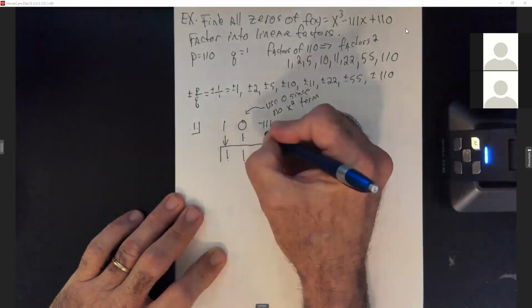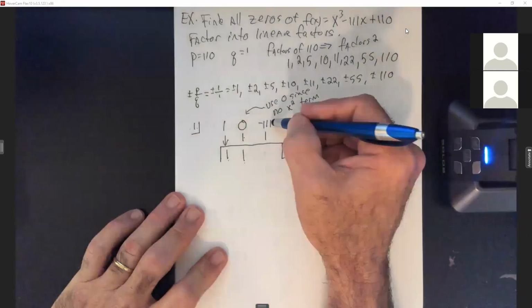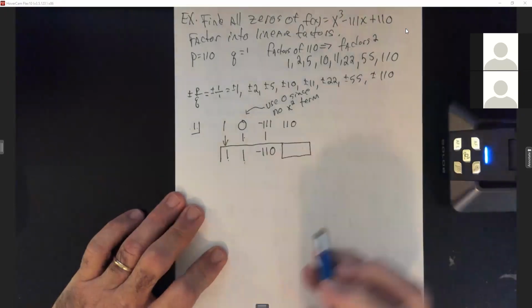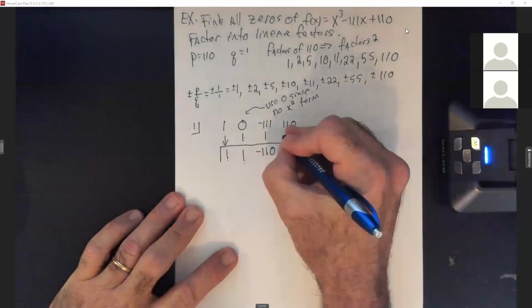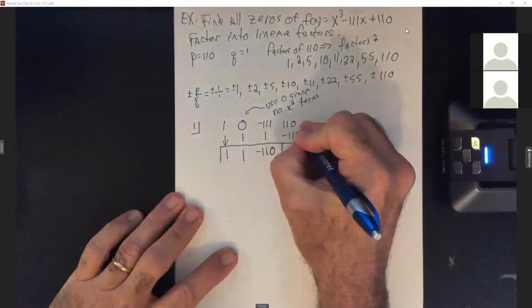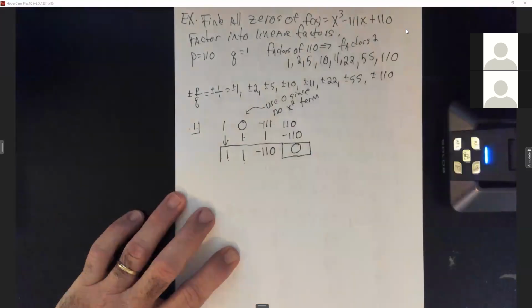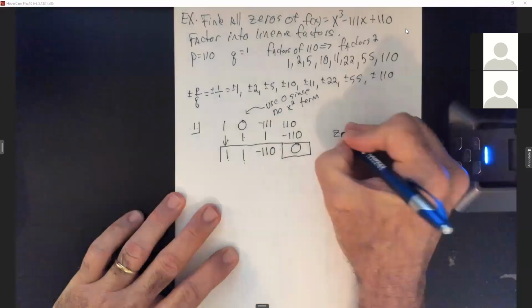That goes under the negative 111. Negative 111 plus 1 gives me a negative 110. And then negative 110 times 1 is a negative 110, which means our remainder is definitely a 0. So the first 0 we found is going to be that 1.